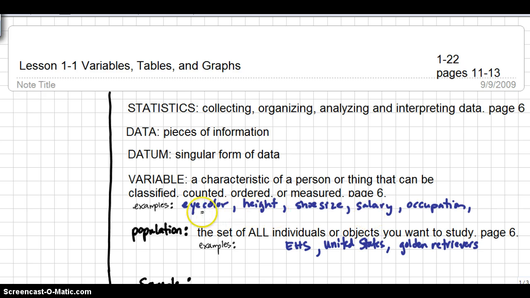Keep in mind that with 3 of these examples, you'd be collecting numbers or values, and then with the other 2 you'd be collecting words. So it is possible to find a variable or a characteristic that is numbers or words.